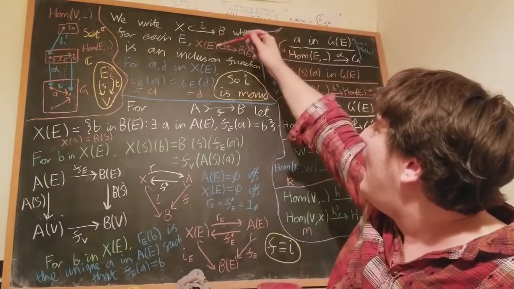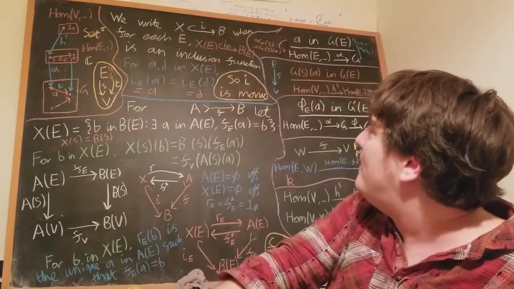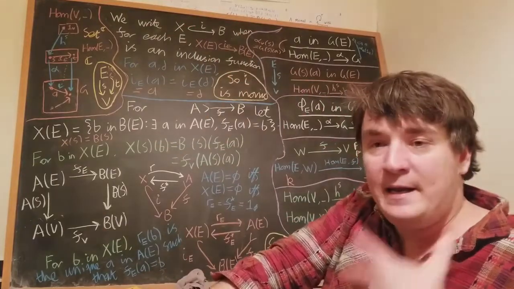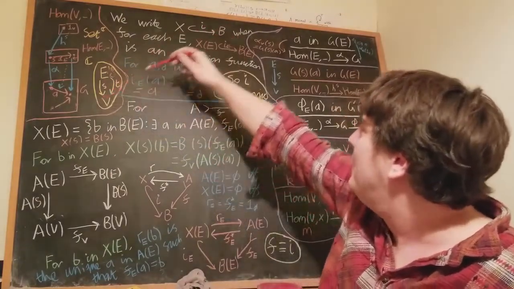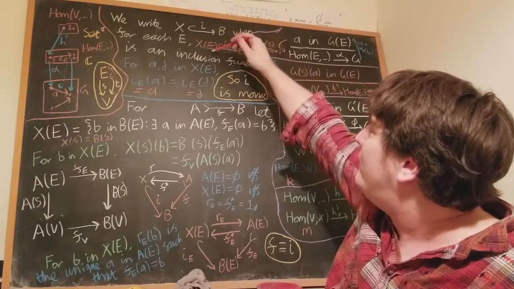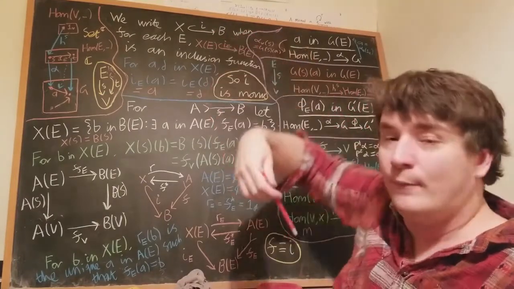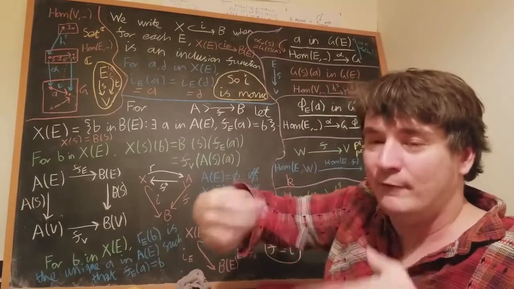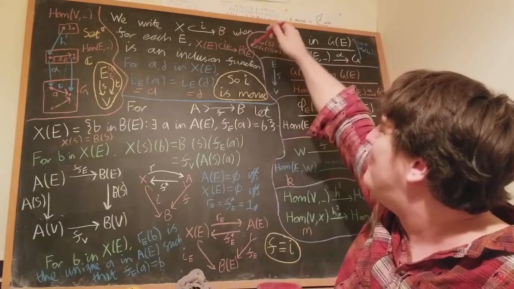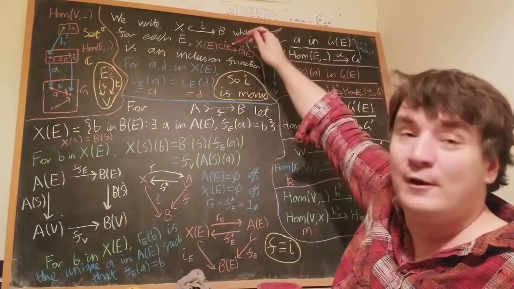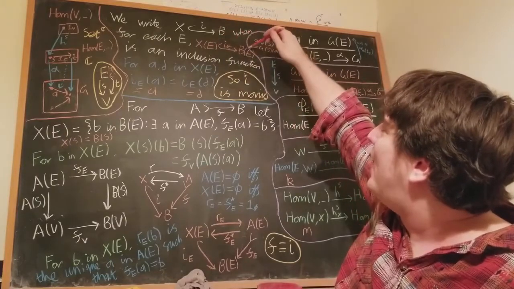Okay, so the way that we can think of this X here is that for every object E of category C, we can basically think of X of E as being a subset of B of E. But we're doing category theory, we like to put everything in terms of arrows. So rather than just saying X of E is a subset of B of E, we say, well, we have this inclusion function that sends X of E inside B of E.